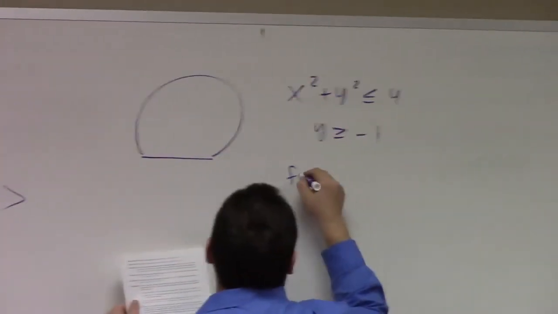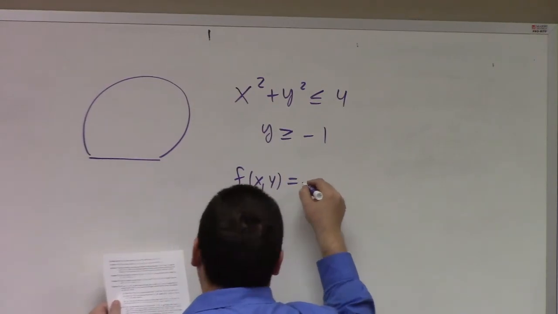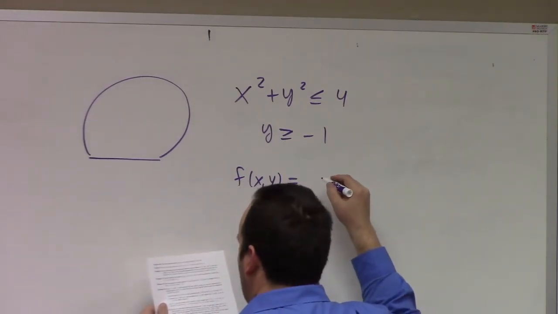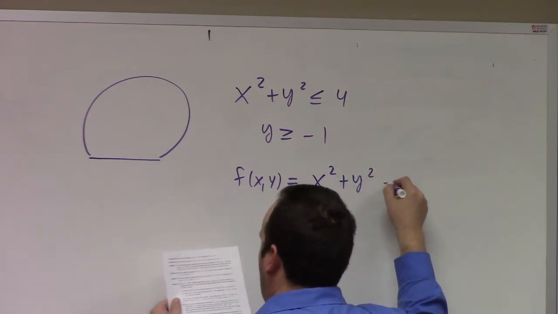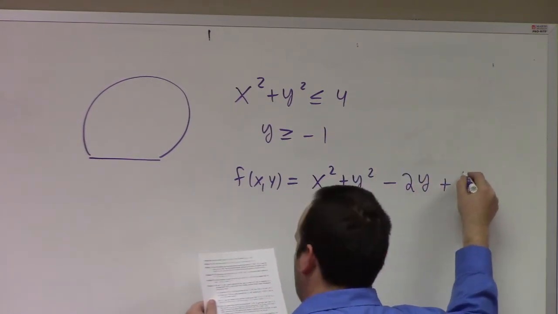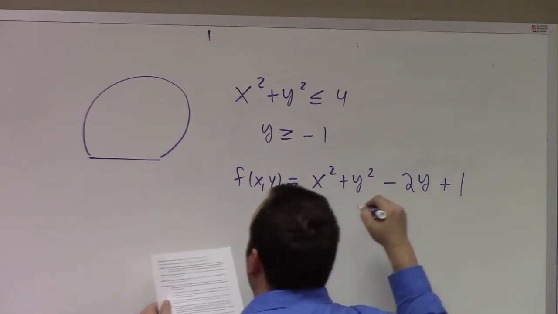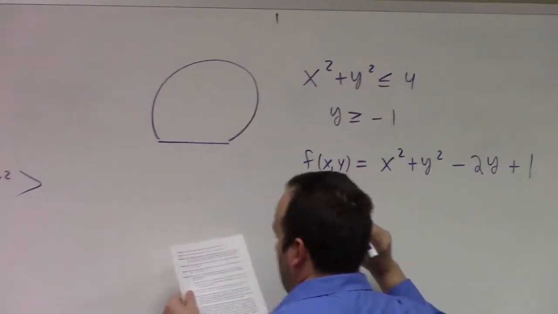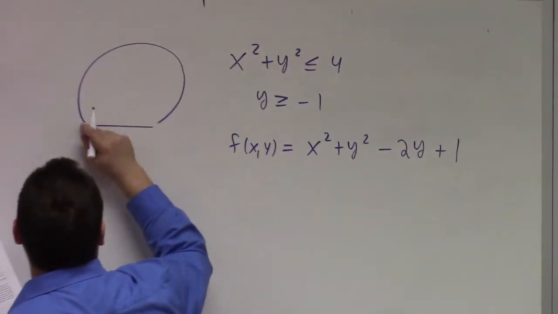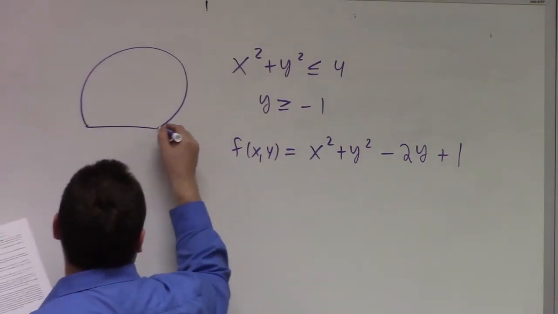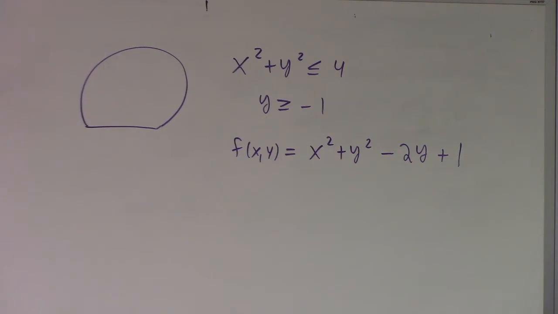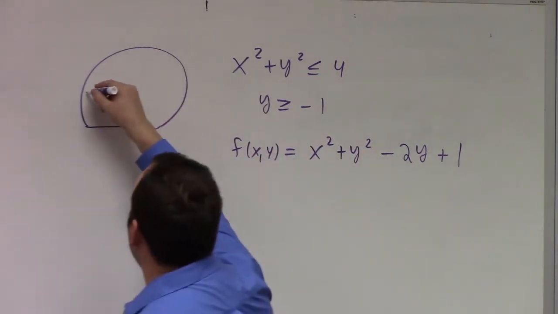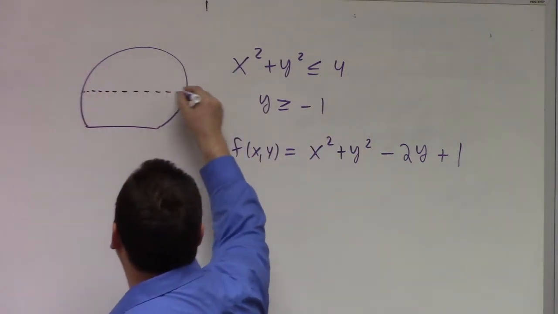And our objective is x squared plus y squared minus 2y plus 1 on this partial disk D as given. So I think it looks something like this, because between 0 and 2 would give you just the half disk, right?